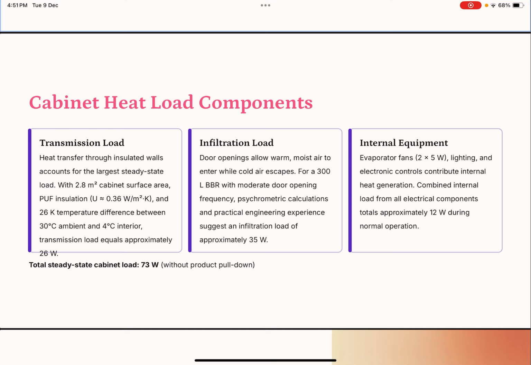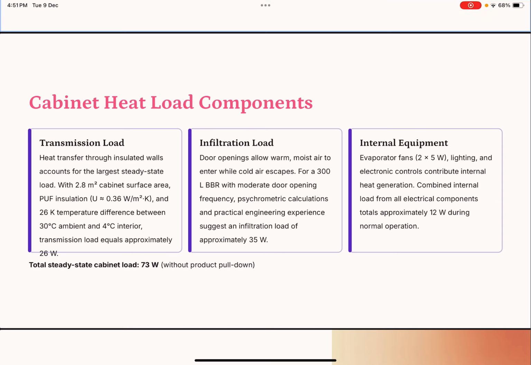So now you see, you need to have a good understanding of these numbers. You might ask why we are making an assumption. You need to first understand that the loads we are calculating, the internal load, infiltration load or transmission load, are not going to matter a lot in the design of a blood bank refrigerator, because a blood bank refrigerator has to be designed to take care of the pull down load.